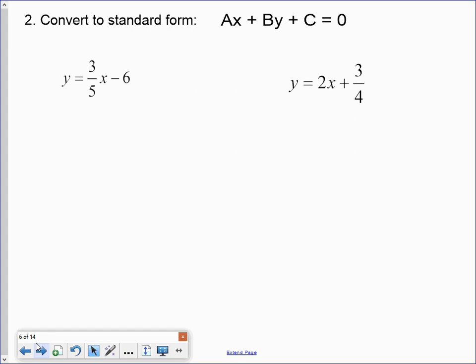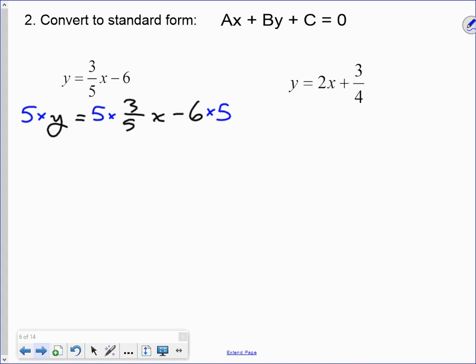So if this fraction has a 5 in the denominator, I'm going to multiply everything in this equation by 5. On the left-hand side, I'm going to do 5 times y. On the right-hand side, I'm going to do 5 times 3 over 5x, minus, and I'm also going to multiply this 6 times 5.